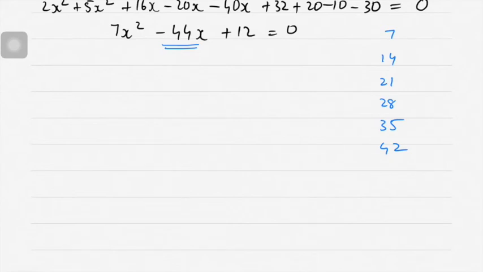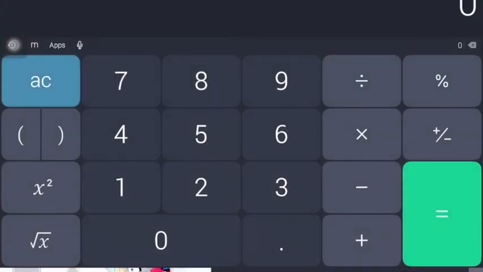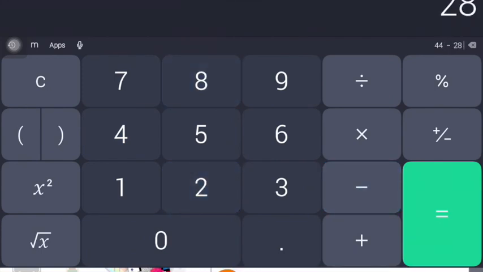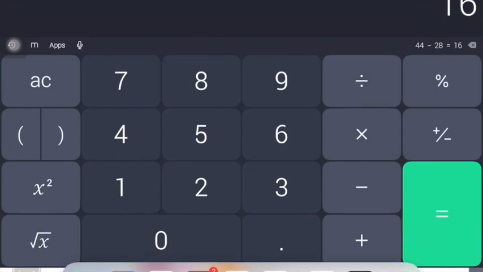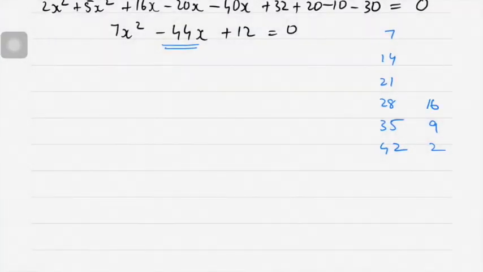So if I'm breaking 44 into 42, then the remaining part would be 2. 42 and 2 makes 44. Correct? 35 plus 9 is 44. Correct? 44 minus 28 is 16, so 28 and 16 will make 44, right? 21 and 23 will make 44.